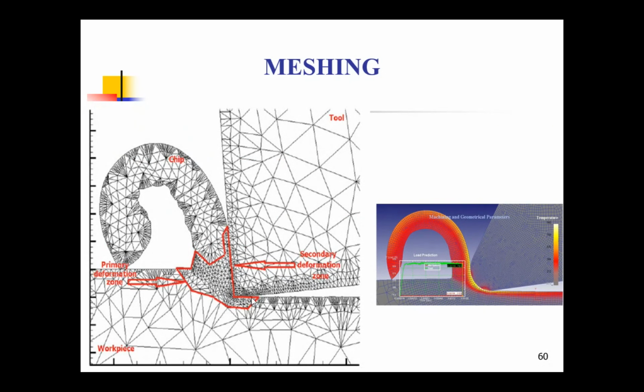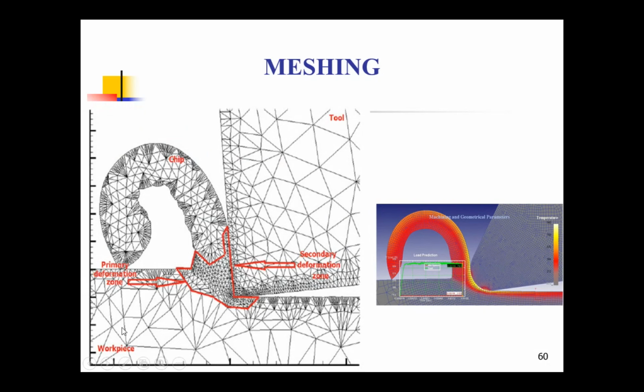So here I am moving my cursor now, the primary deformation zone, that is where the shearing action takes place, and then we can see the point of contact of the material with the cutting tool. In the primary deformation zone, you can see how dense my meshing is. If I move away from the primary and secondary deformation zones, we can see coarser meshes.